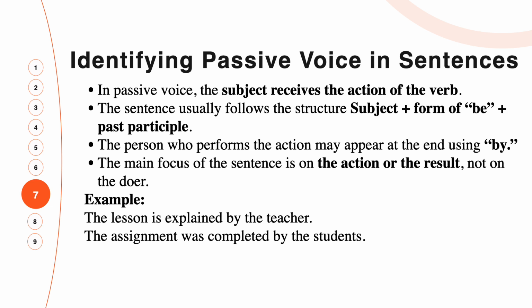The lesson does not perform the action, instead, it receives the action of being explained. Similarly, in the sentence, the assignment was completed by the students, the assignment receives the action of being completed. These examples clearly show how passive voice focuses on the action and its result rather than on the performing person.